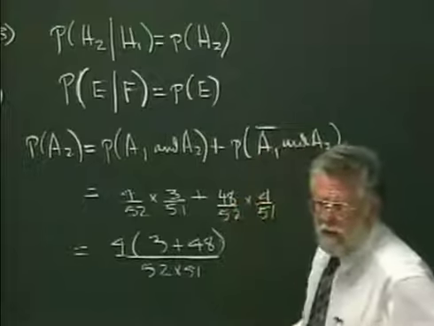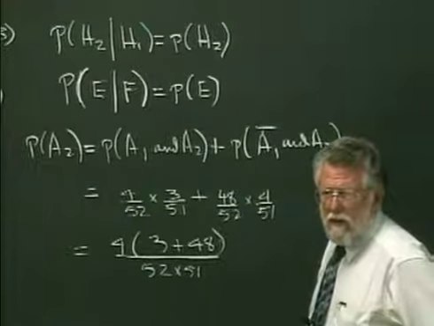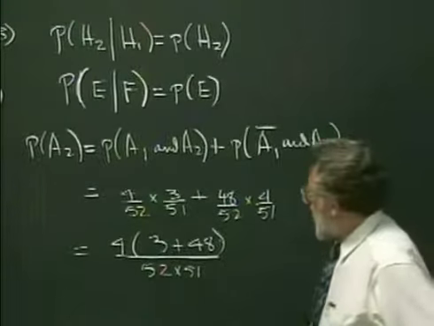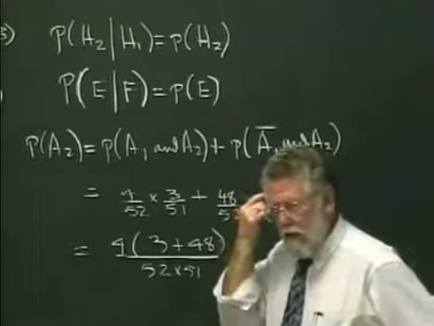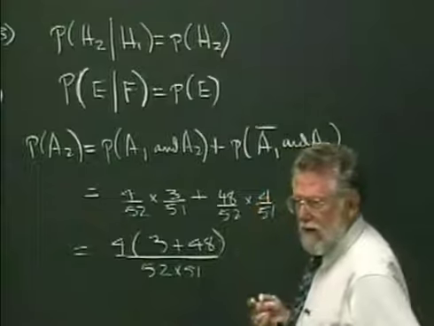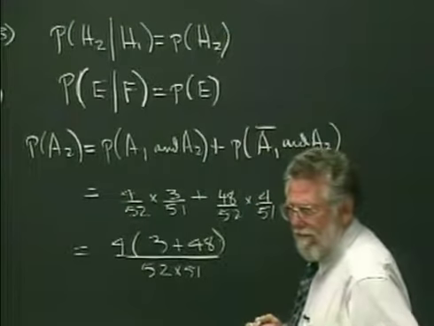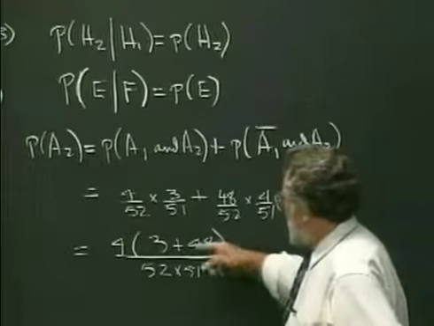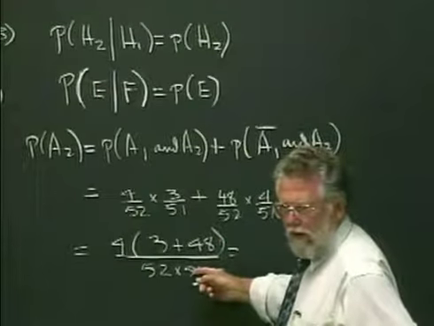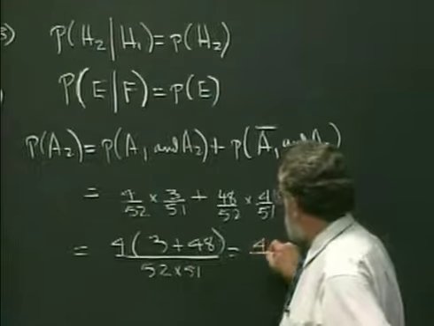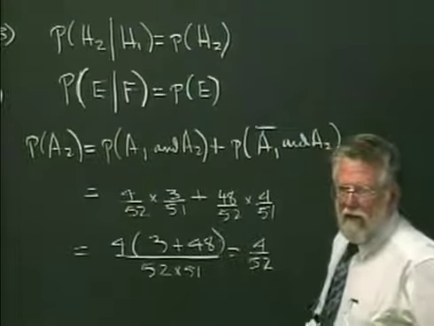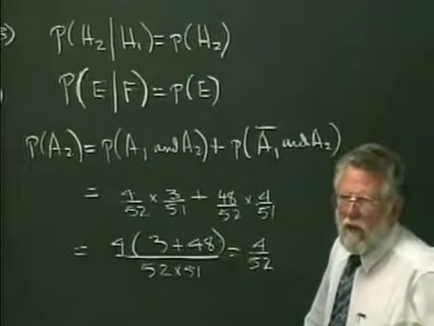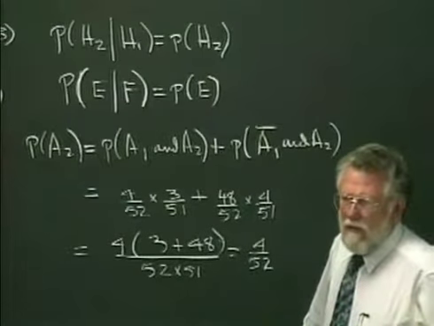You see that in the numerators? Does this appeal to you in a certain way? Yes, it does. The 51 here and the 51 here, I can cancel. I'm at 4 over 52. So the probability of an ace in the second draw is 4 over 52.